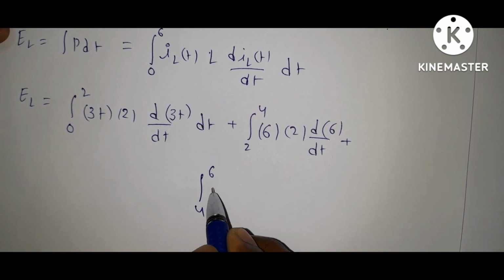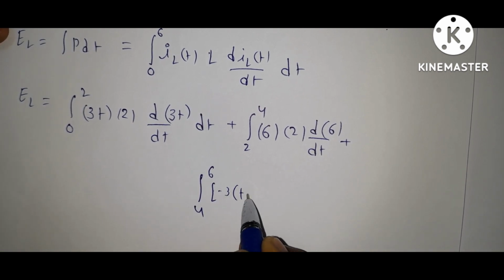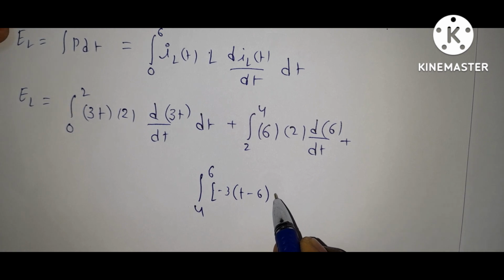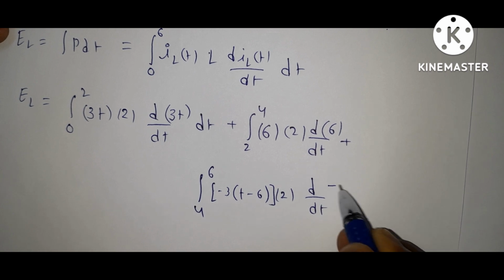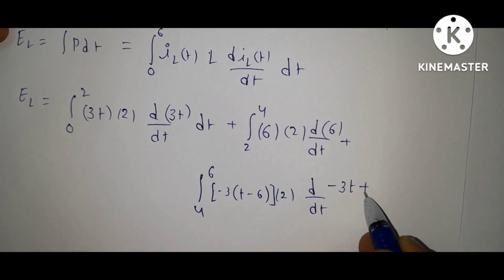What is the current? Minus 3 into (t minus 6), into 2, into d by dt of minus 3t plus 18, into dt.